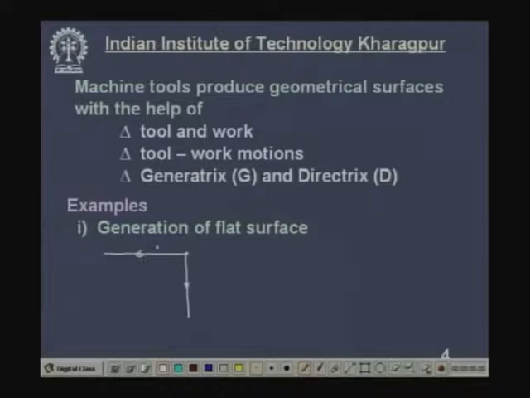Suppose it is moved in this direction. So this straight line now proceeds along this direction. The resultant of this movement of the straight line along this path will be the flat surface.